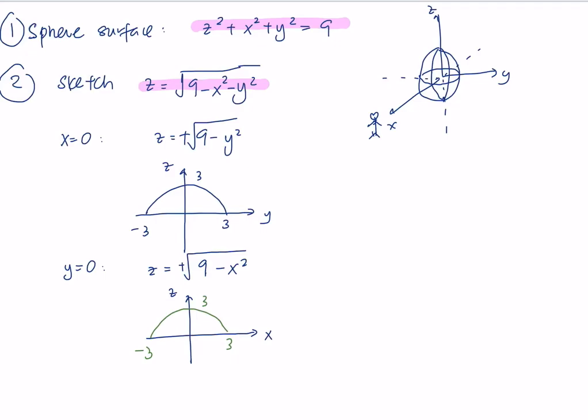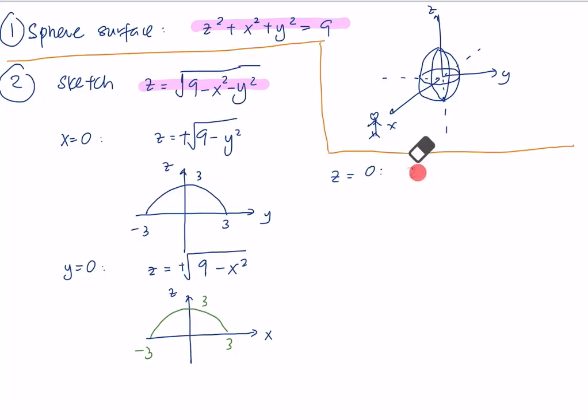Let me make a line here, because it's different. Sorry for the messy part here. For z equal to 0, you have 0 equal to the square root of 9 minus x squared minus y squared. You rearrange it, bring this over, so x squared plus y squared equal to 9.